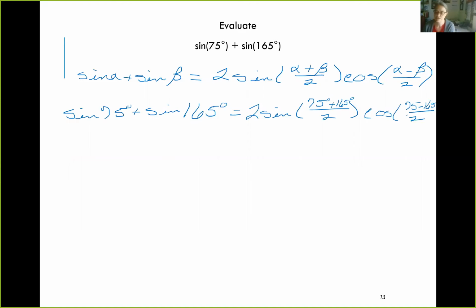So that is 2 times the sine of, 75 plus 165 is 240, I think.